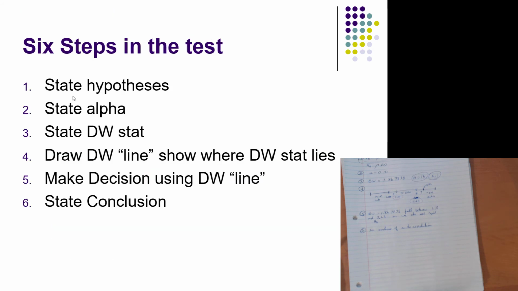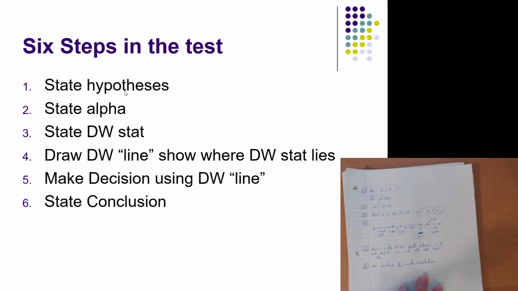I just want to jump ahead and say, here's our 6 steps, right? And this is what we've followed so far. We've stated the hypothesis. We've stated the alpha, like we always do. The Durbin-Watson test statistic is given to us. It's helpful to also note what the n is and what the k is, because it'll be useful when we get into step 4 and we start drawing out the line.